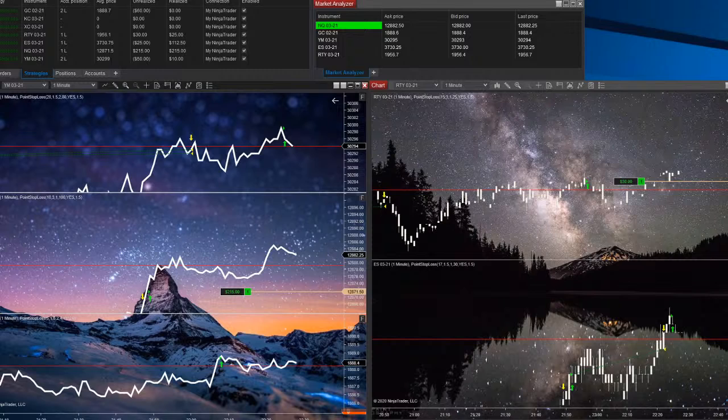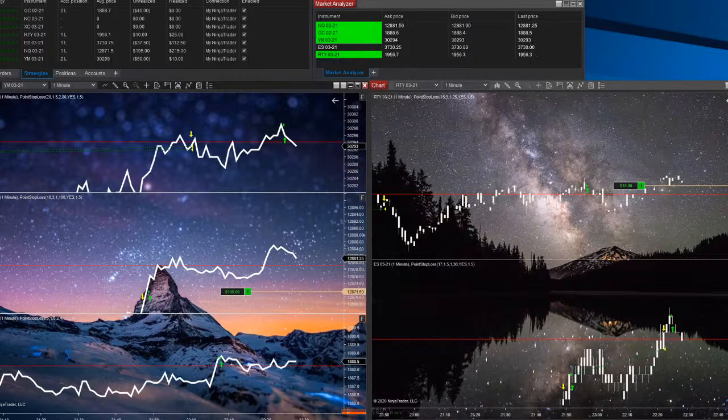So ES, YM, and gold are all a little bit red right now. See if they can pull up.